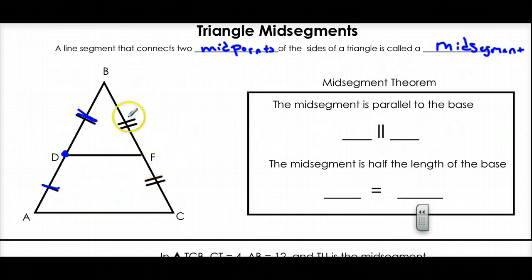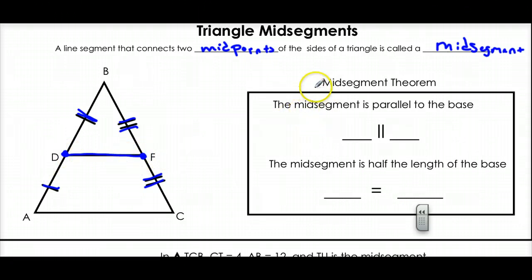And we also know F is the midpoint of BC because BF is congruent to FC, so F must be right in the middle. And that means that DF, if I connect these two midpoints, would be the midsegment. So the line that connects the two midpoints is the midsegment.